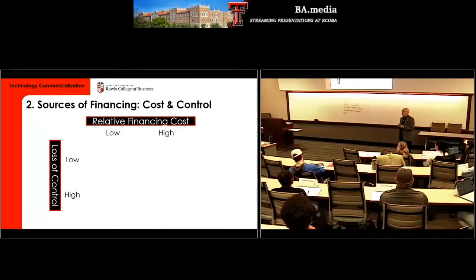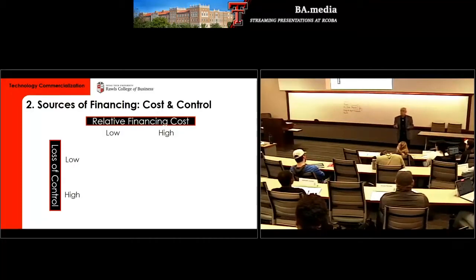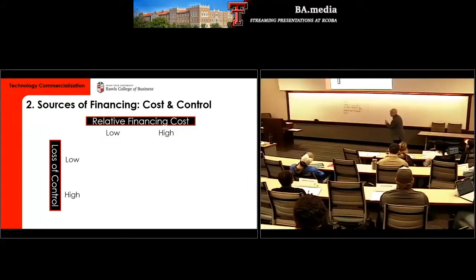And because I really want to have the car and the business, I agree to that. What's happened to the control of the business? It went to Krista. All of this stuff is negotiated. It's just people talking to people. Remember these guys, they're not involved. So, loss of control, low loss, high loss, and financing cost, low or high.